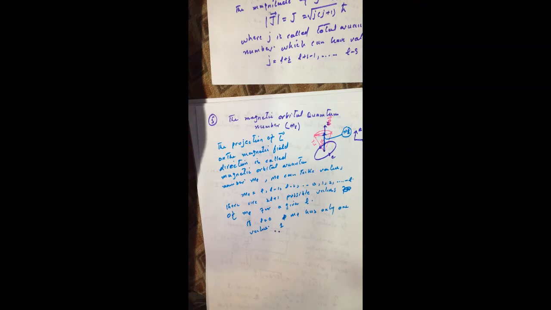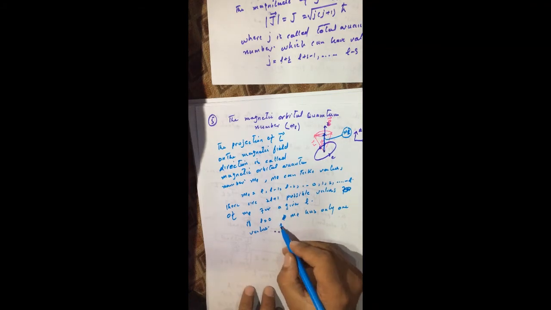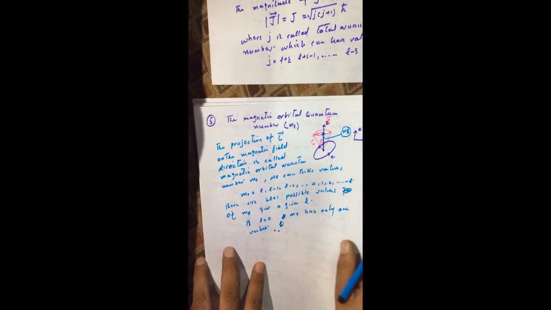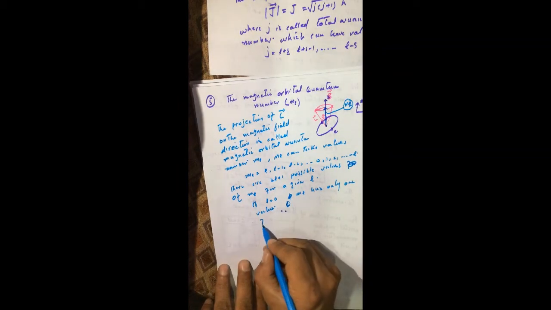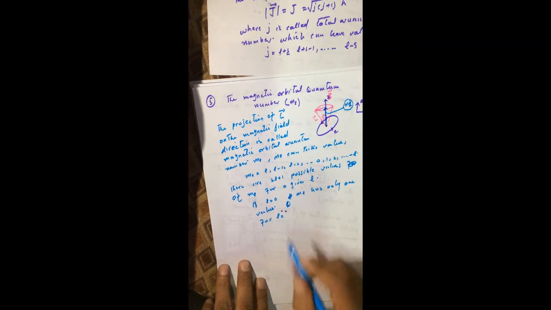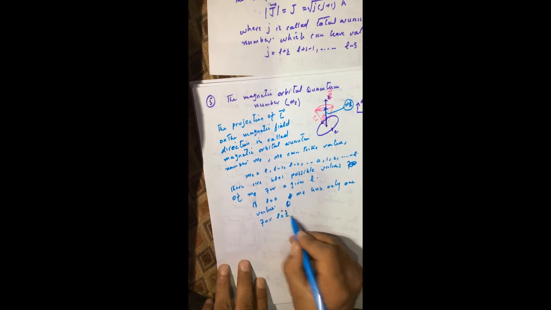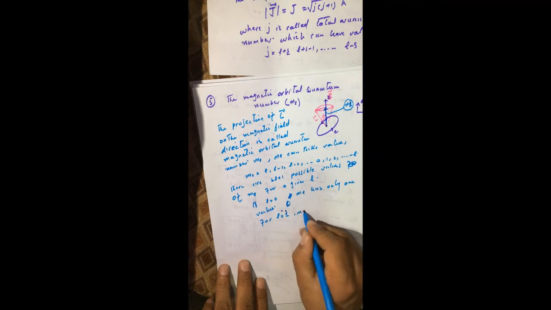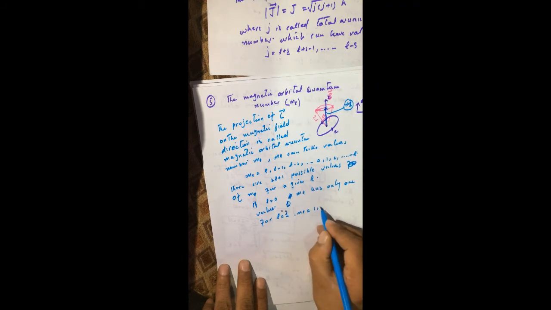If L is equal to 1, ML has 3 values: one is 1, one is 0, and the other one is minus 1.